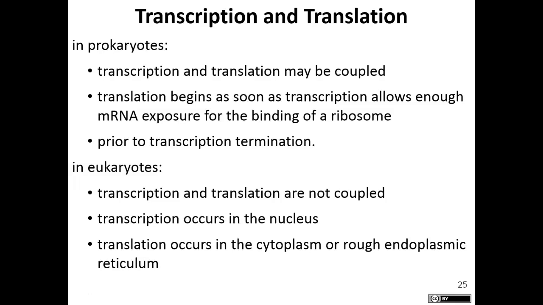We do that, we add a guanine cap and a poly A tail. And once we have that all done, then we can let the messenger RNA move into the cytoplasm, or the rough endoplasmic reticulum, where it'll bind to the ribosomes and will have translation occur. So they are not coupled.